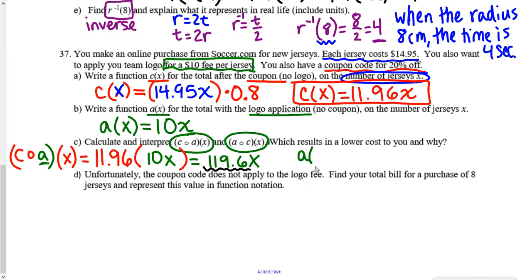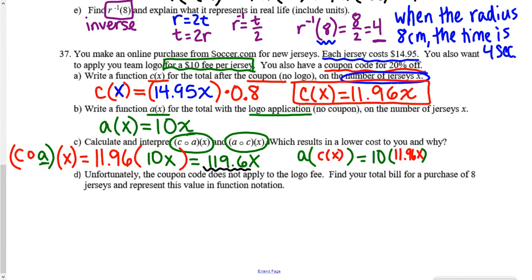If I do a of c of x, well, I'm going to start with my outside function, my a of x. In this case, my a was take 10 times my x. What am I plugging into there? Instead of plugging in x, I'm plugging in my 11.96 times x. So what happens when I do this?